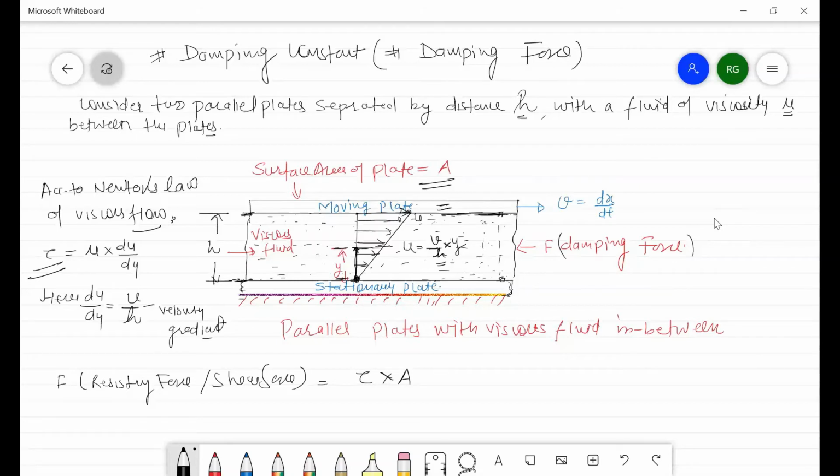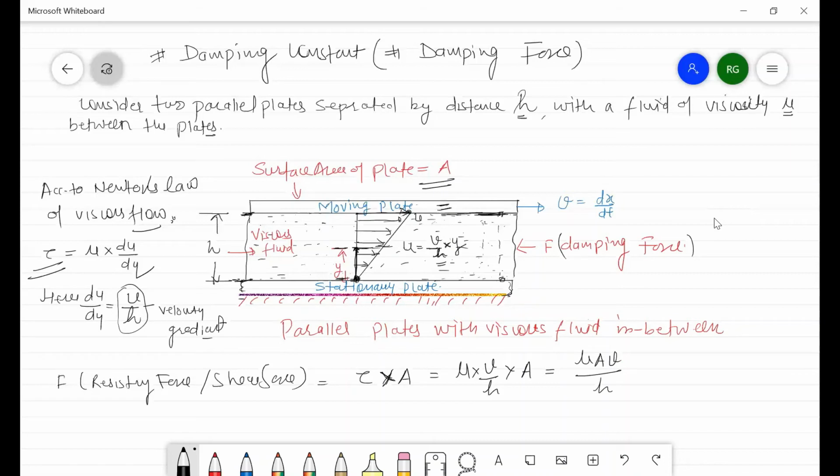So stress multiplied by area is the resisting force. This can be written as tau is mu multiplied by du by dy, and du by dy is v by h. So we can write mu multiplied by v by h multiplied by A. So this becomes mu A v over h.